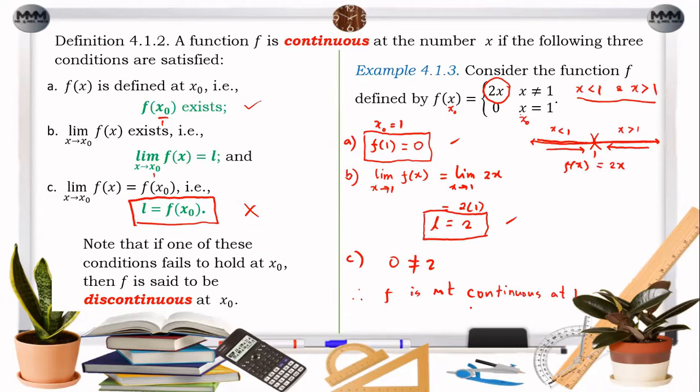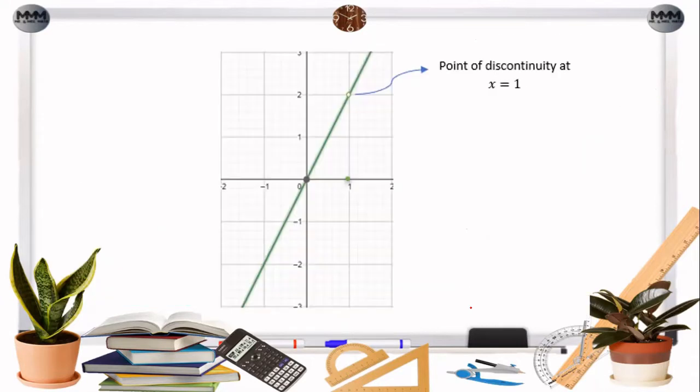Now, to have a better understanding of the continuity or discontinuity of a function, here is a graphical representation of the previous example. As you noticed, we have a hole in our line.